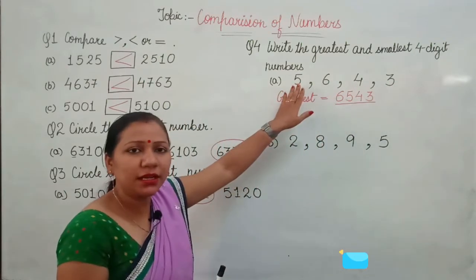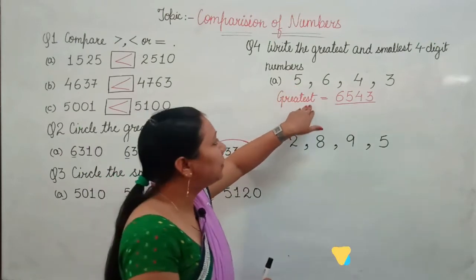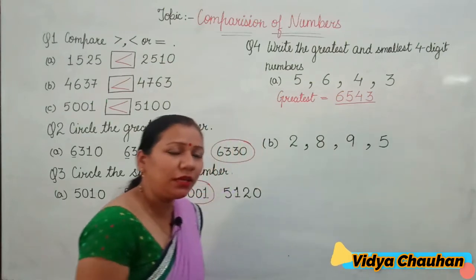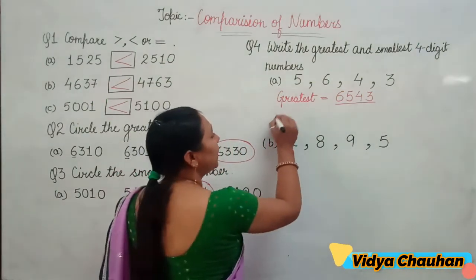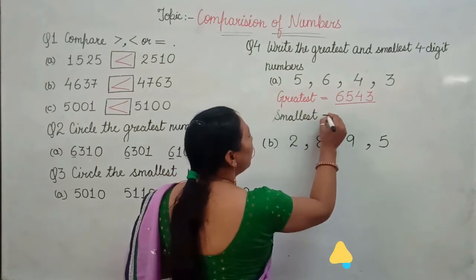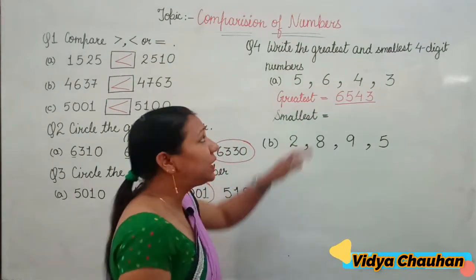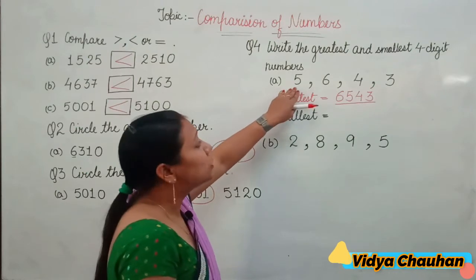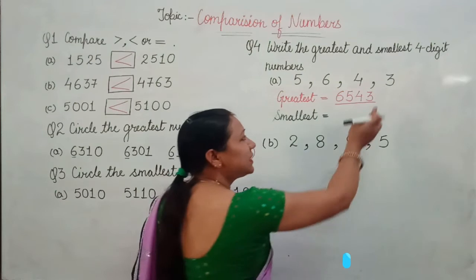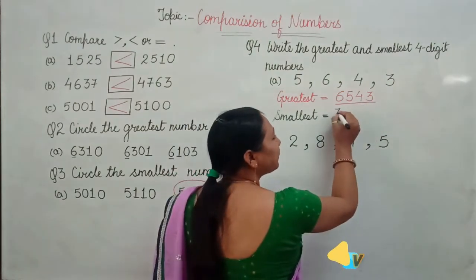So when the digits are given to us, the greatest number using these 4 digits is 6543. Now similarly, you have to find the smallest number also using the same given digits. So for smallest, we start with the smallest digit. Which is the smallest digit? 3.